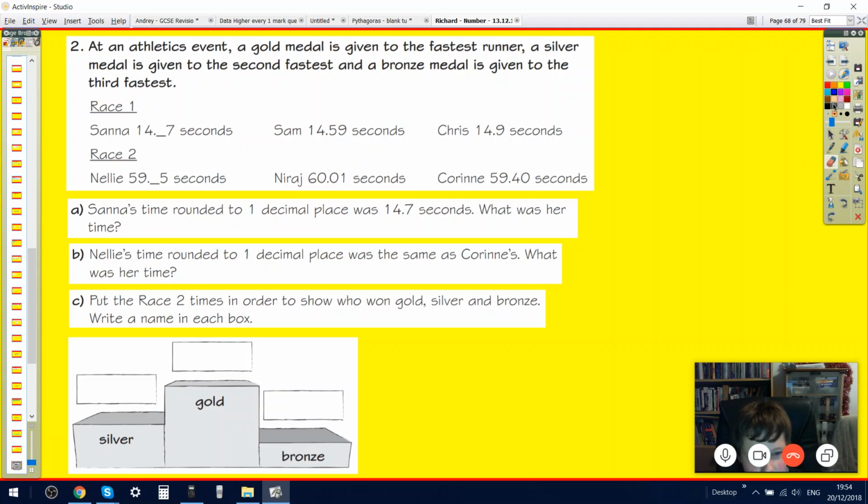Karina's time was 59.40 seconds, and Nelly's time was 59 point something 5 seconds. So you would need to round 59.75 to 59.40.